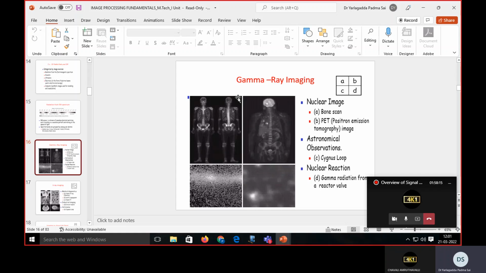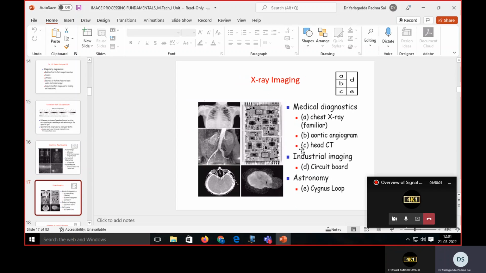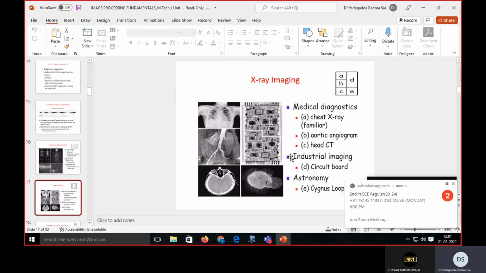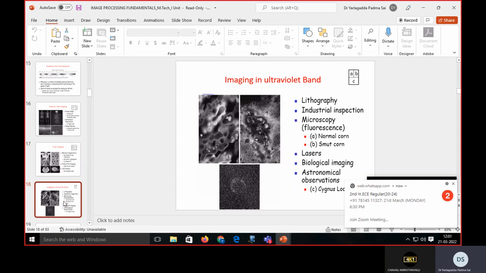This is in medical: gamma ray imaging. I am not discussing that one now. Quickly, X-ray imaging. For example, if you want to check whether your PCB is in good condition after soldering, it is not possible to check with your eyes, so scanning comes under the X-ray band.